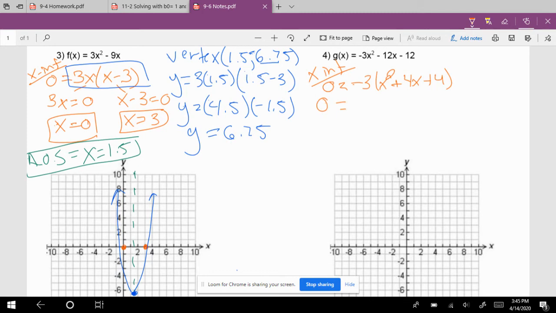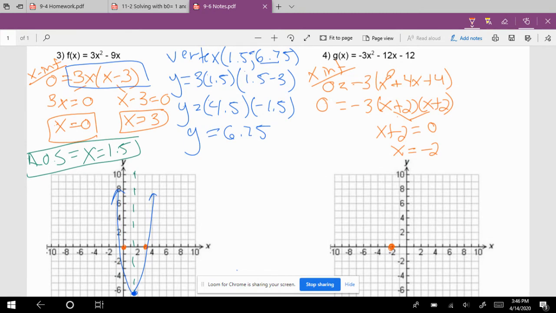Okay, now that allows me to factor it a little faster, and that's x plus 2 and x plus 2, which says, hey, these are the same thing, so I only have one x-intercept, and that's at -2. So that would be right here.